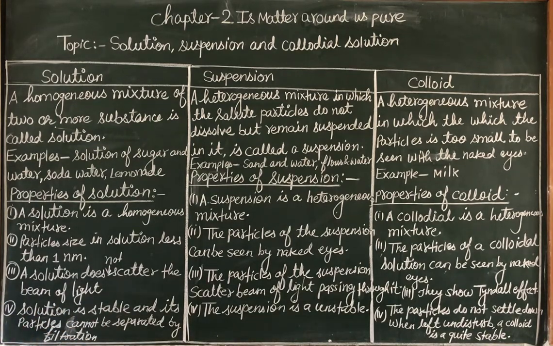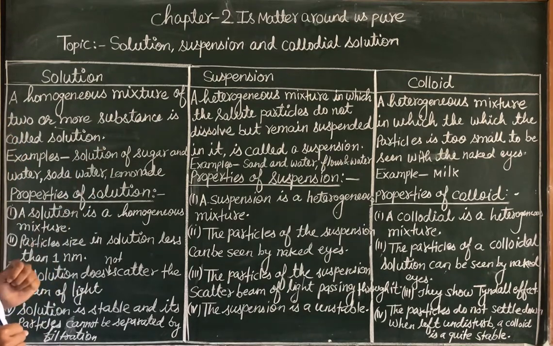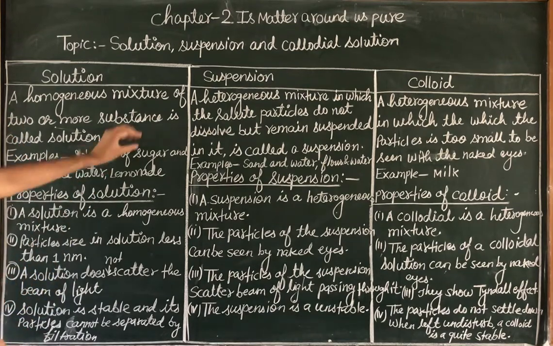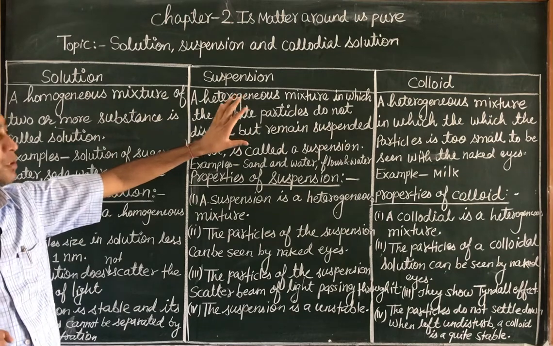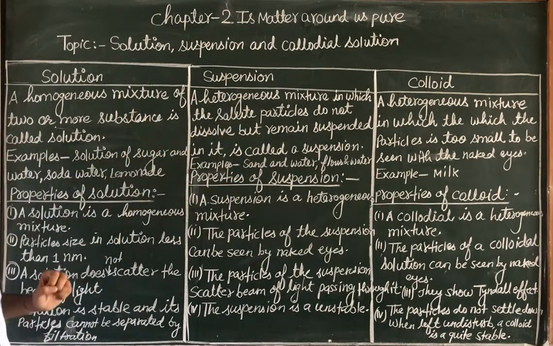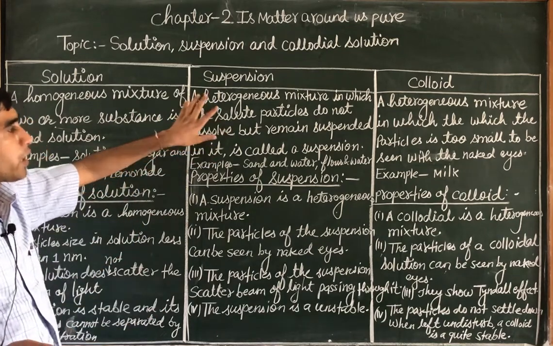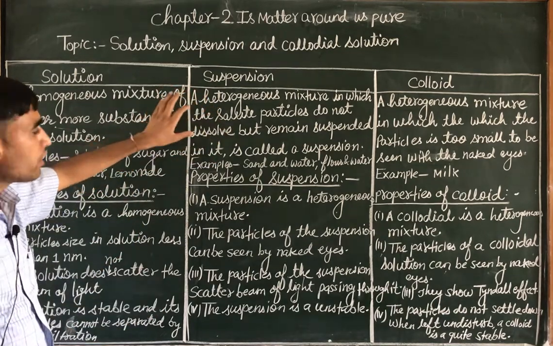Now we will see suspension. What are suspensions, examples of suspensions and properties of suspension. So a suspension is a heterogeneous mixture in which the solute particles do not dissolve, but they remain suspended throughout the bulk of the medium. इसके अंदर जो solute के जो particle हैं वो पूरी तरह से suspend रहेंगे, वो bottom में बैठ जाएंगे. So such a type of heterogeneous mixture is known as a suspension.